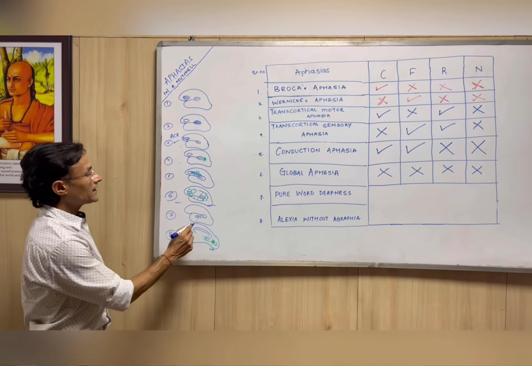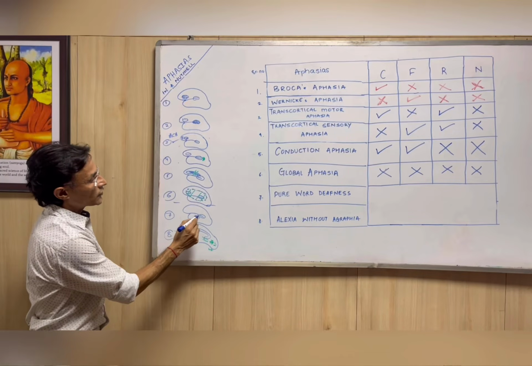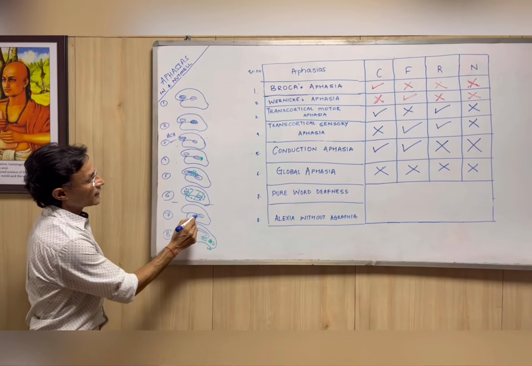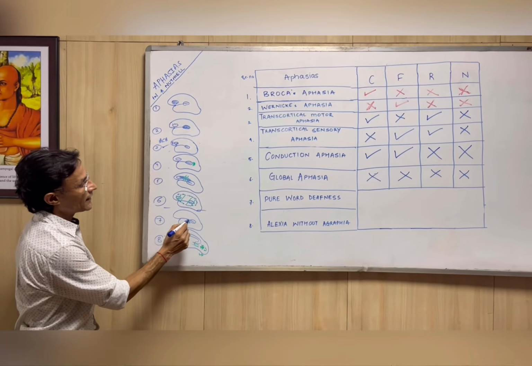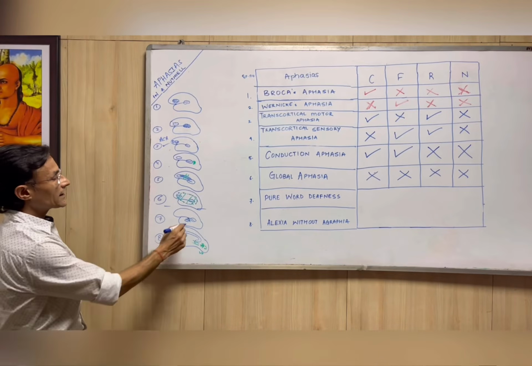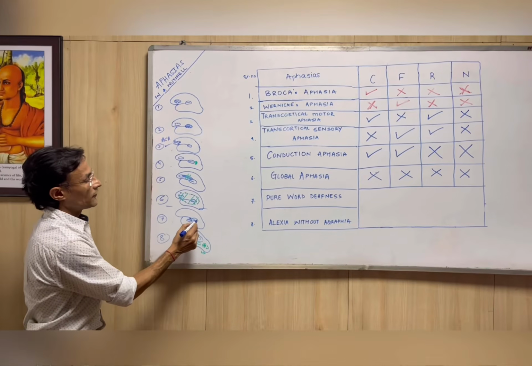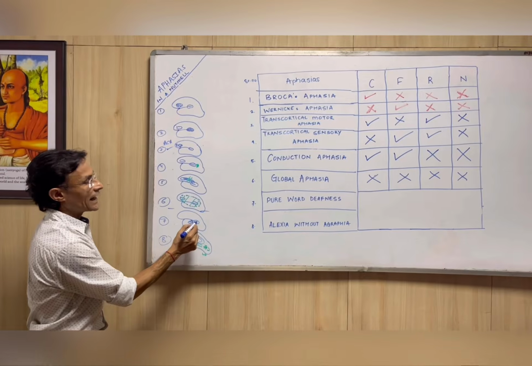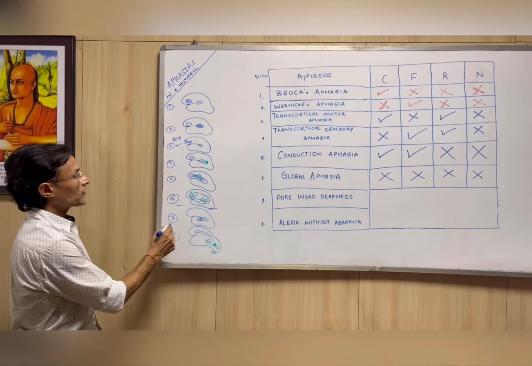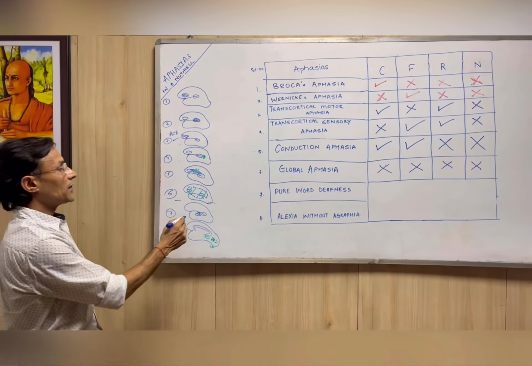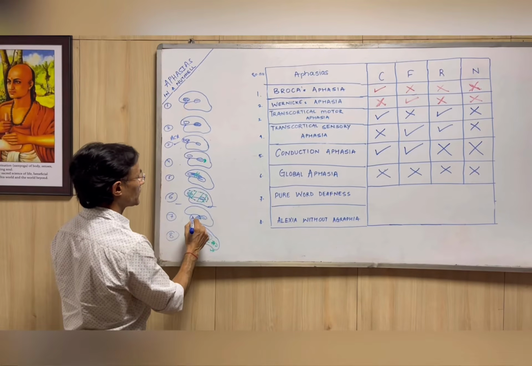If there is a lesion here in the superior temporal gyrus of the temporal lobe, then this lesion disconnects the primary auditory cortex from the auditory psychic area, that is Wernicke's area. So whatever is said, the patient does not comprehend.